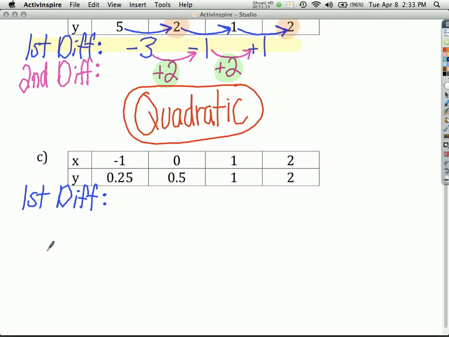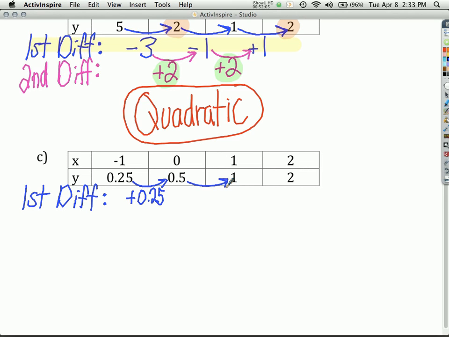Just X is going across, Y is going across. So the first difference is, what do we do to go from 0.25 to 0.5? What do we do there? Danielle? Add 0.25.